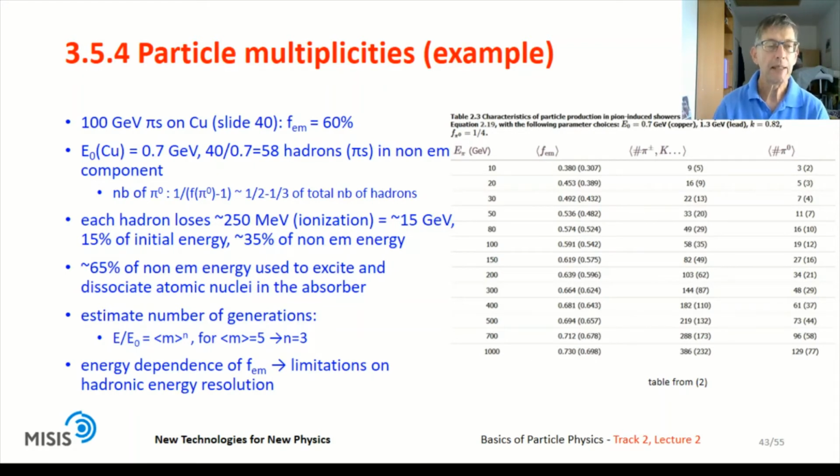We can estimate the number of generations, and that would be approximately 3. And you have to realize that the energy dependence of this electromagnetic fraction, which was calculated in this table, has important limitations on hadronic energy resolution, because the hadronic part contains a large unmeasurable part of energy that is lost due to recoil and binding energy.